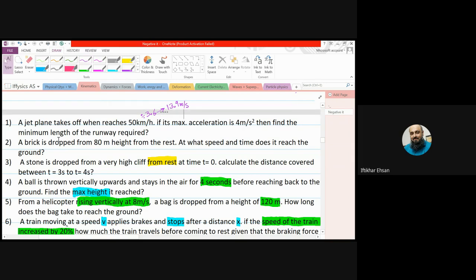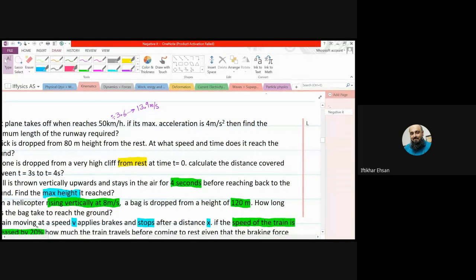We want to find the length. Length means distance. And he is to reach this speed, this is the final speed, and he will always start from rest. And we have to find distance, with no mention of time there. So the only formula we can use here, where there is no time involved, is 2ax = v square minus u square.